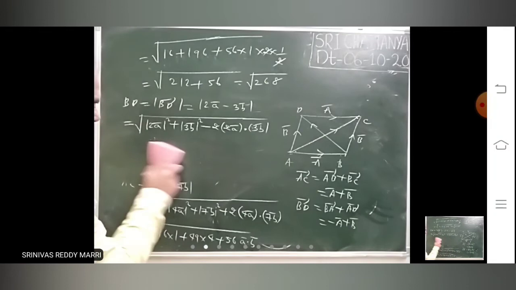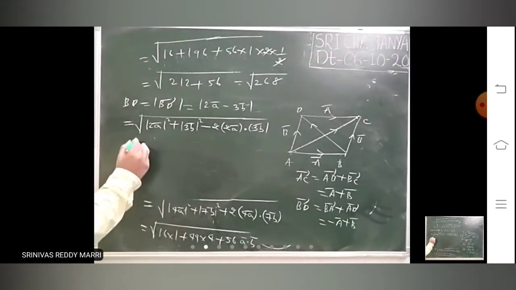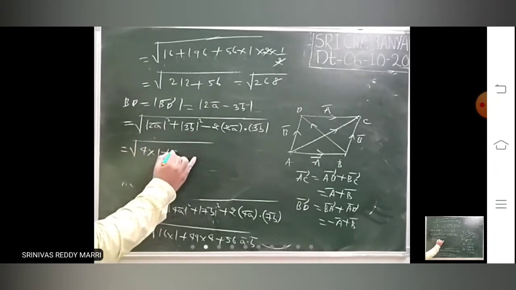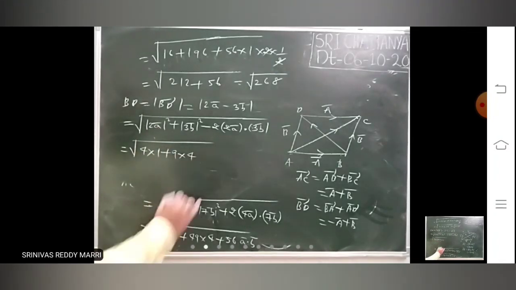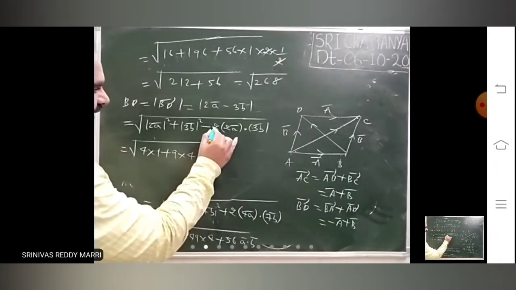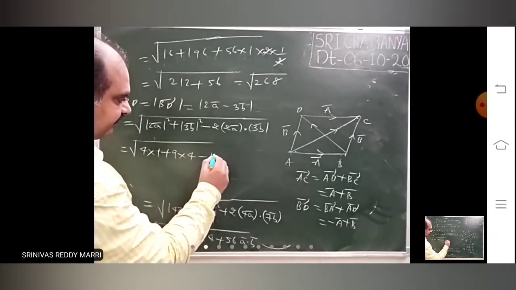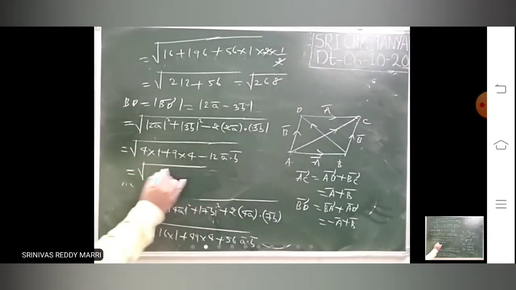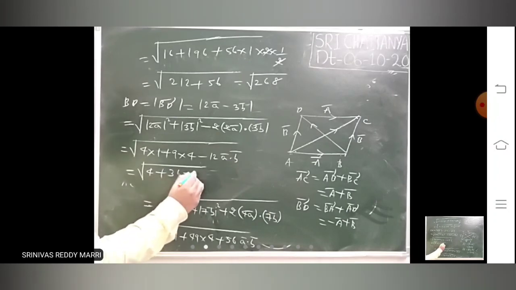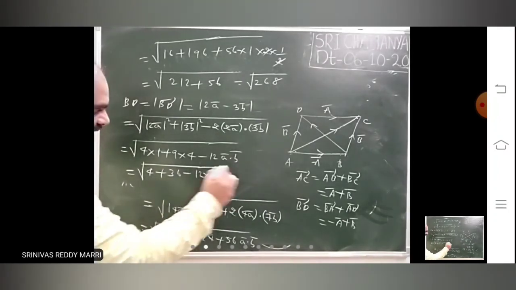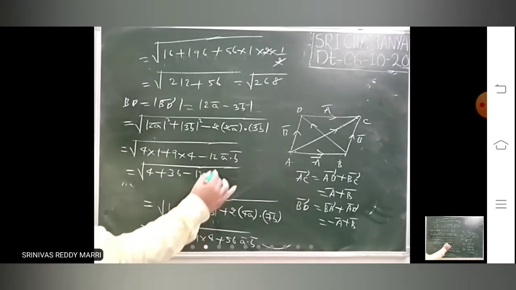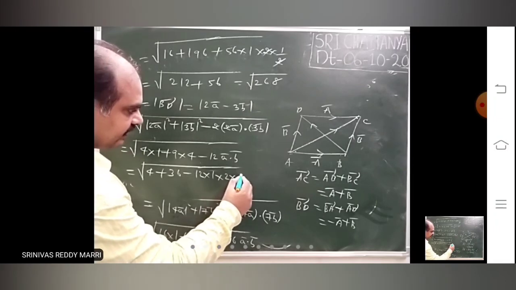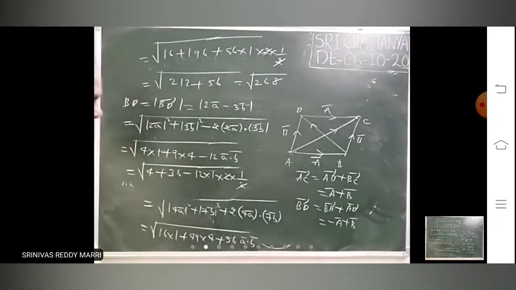So root of 2 square, 4 into modulus A bar square 1, plus 3 square, 9 into modulus B bar square 4, minus 2 into 2, 4 into 3, 12. So this is root of 4 plus 36 minus 12 into A bar dot B bar, which is modulus A bar 1 into modulus B bar 2 into cos 60, 1 by 2.